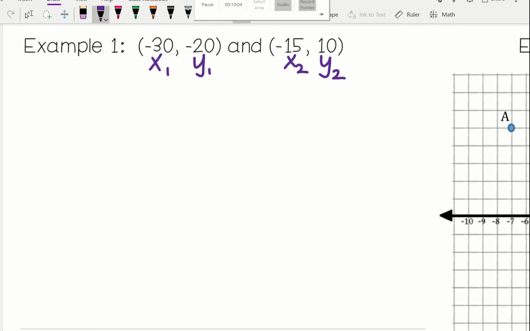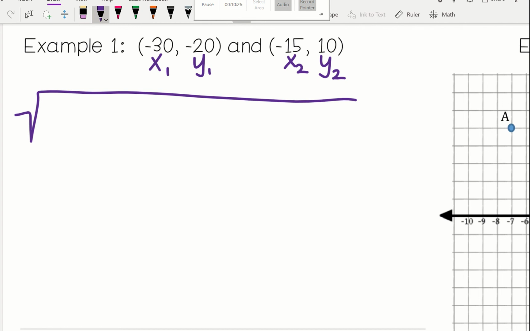On your first activity today you have to do this part. You're going to write out just what goes under the square root sign. We're not going to work through it all the way. I'm not worried about getting a simplified square root. I just want to make sure that we're plugging it in correctly.